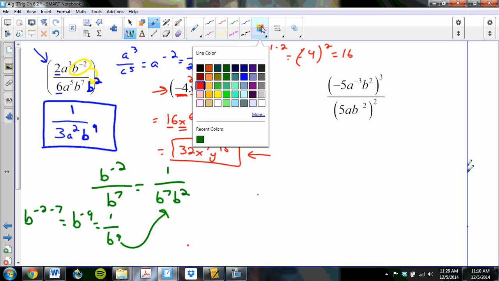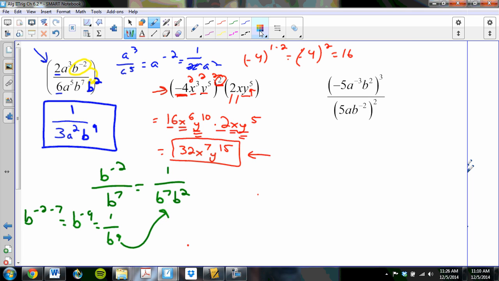Negative 5 to the third is negative 125. Because negative 5 to the third is negative 5 times negative 5 times negative 5, and that's positive 25, so that makes it negative 125. If you have a negative number to an even power, it will always come out positive.